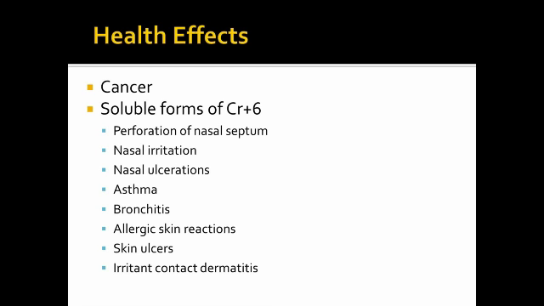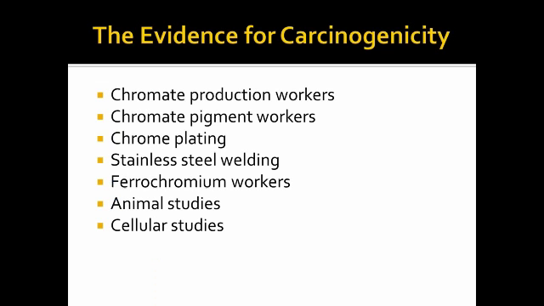In foundry situations, you might have some soluble forms of chromium. More likely it's in an insoluble form. But the OSHA standard does talk about these other health effects, and I won't go through them very much other than to say hexavalent chromium has also long been associated with allergic skin reactions.